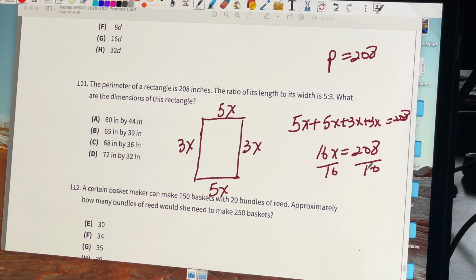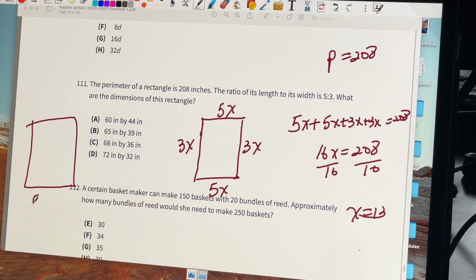And x equals, no idea. x equals 13. So let me draw another rectangle. This is 5 times 13, which is 65. And our width is 3 times 13, which is 39. So this is a 65 by 39 rectangle right here.